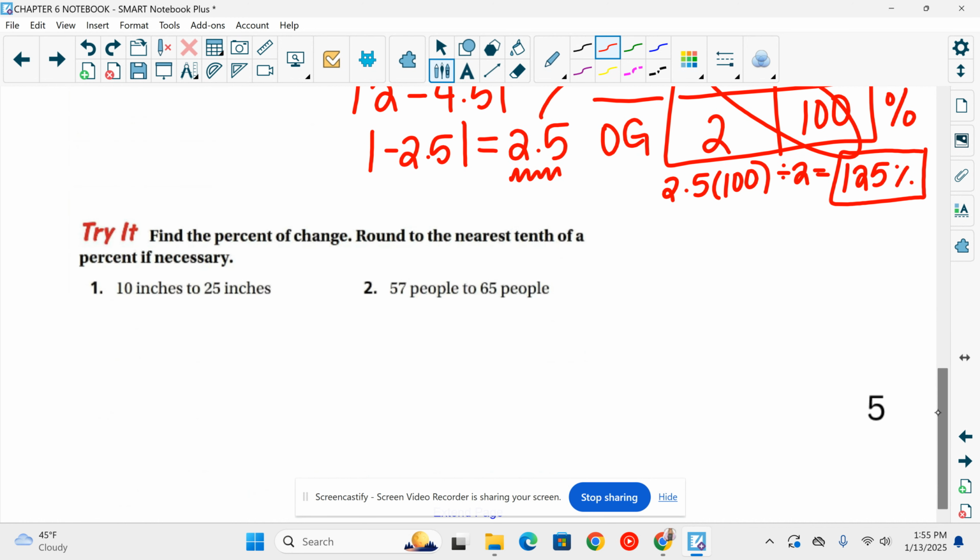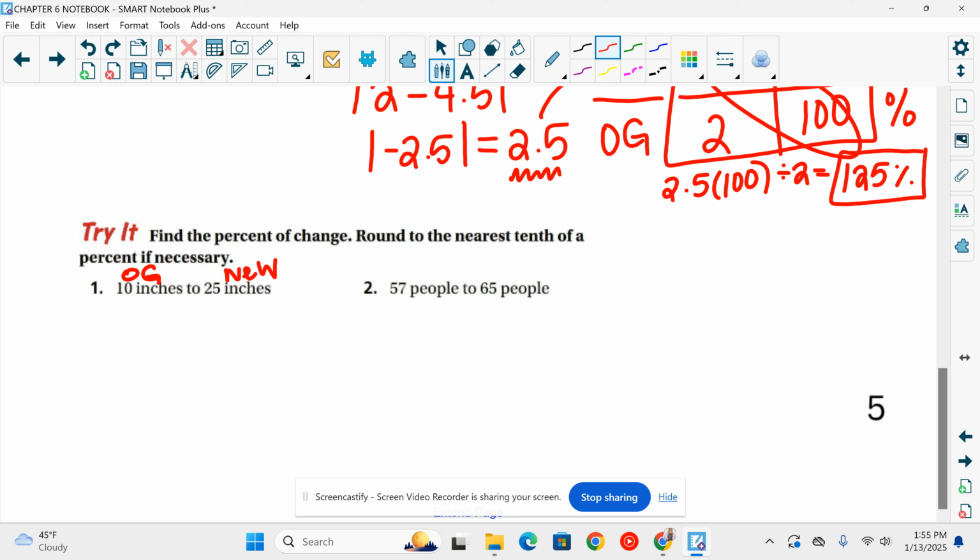So let's look at try number 1. We're going from 10 inches to 25 inches. What's step 1? Identify. Which one's your original, 10 or 25? 10, that's my starting point. And then step 2 is identify the new one, which is going to be 25.